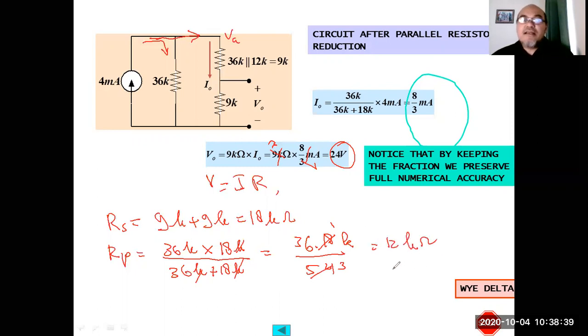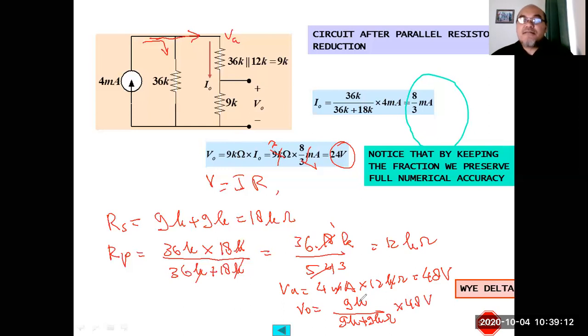So from here, then we can calculate the voltage VA here. VA equals to 4 milliampere multiplied by the kilo ohm. So the milli cancels with kilo, so 48 volt. Then we can use voltage divider formula to calculate V output. So V output will be equal to 9 kilo ohm divided by 9 kilo ohm plus 9 kilo ohm, multiplied by 48 volt.